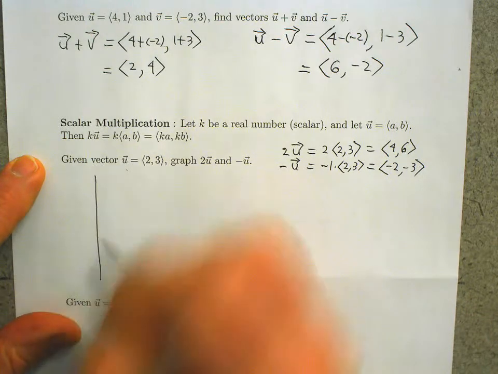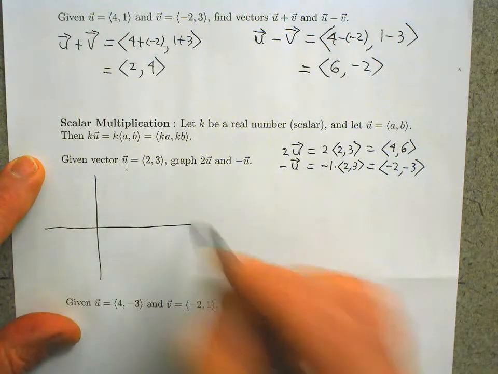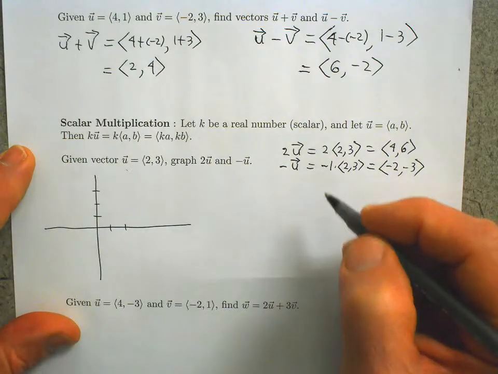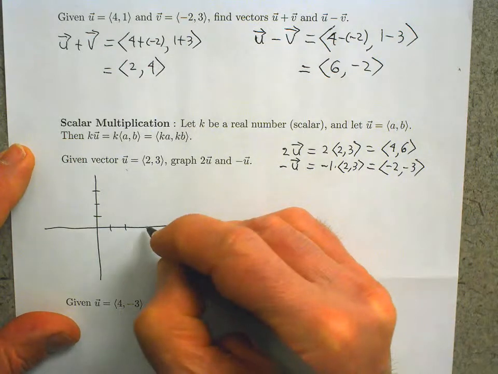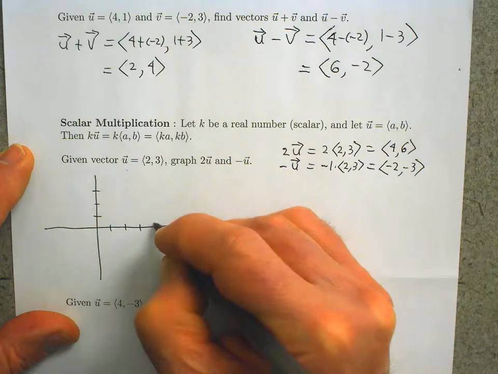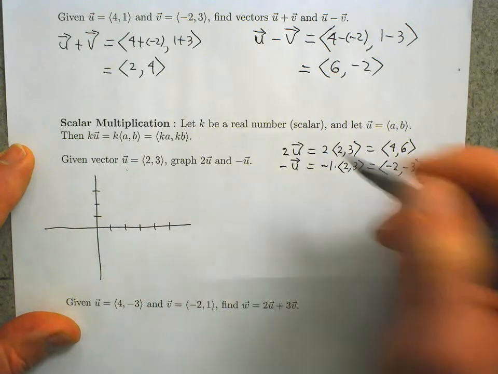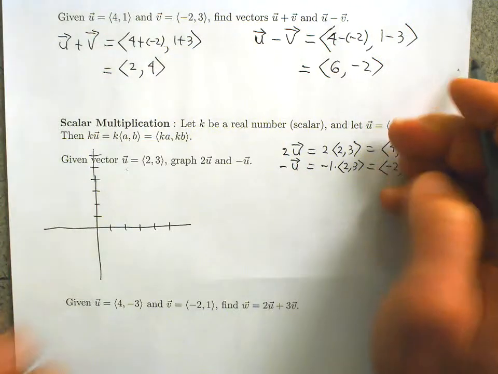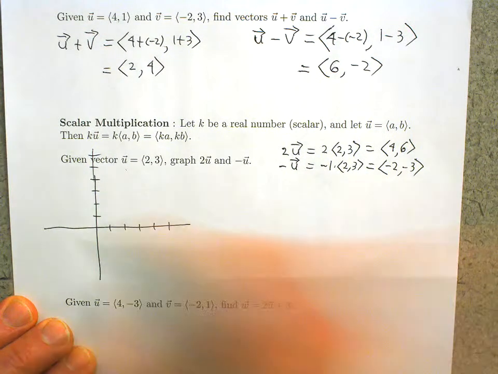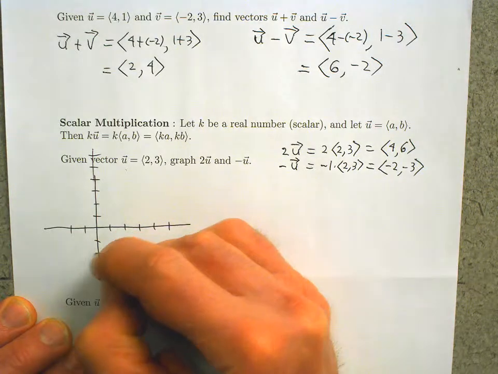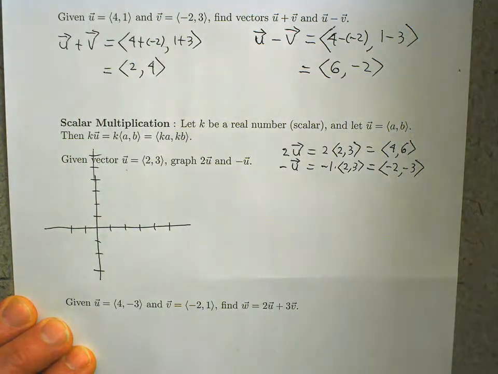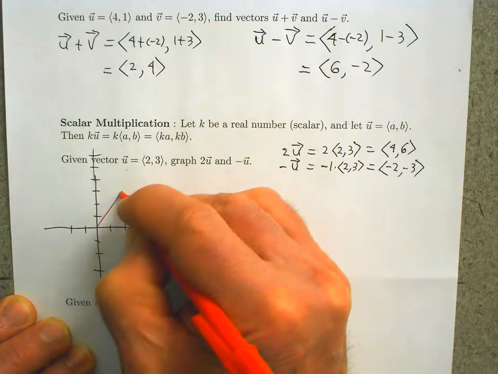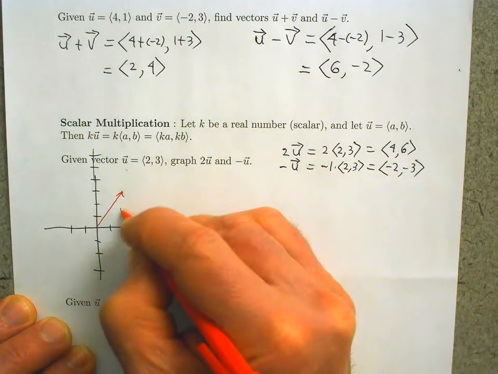Okay, so if we graph these vectors, the vector 2, 3 is right here. So this is vector u.